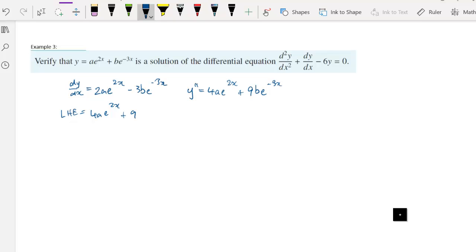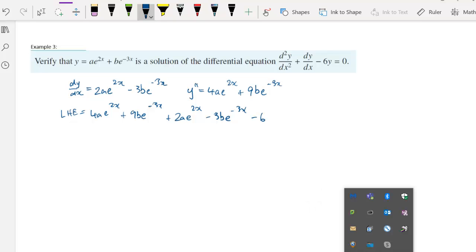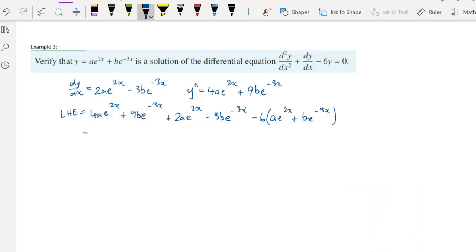Now if we put this all in on our left-hand side, we have 4ae to the 2x plus 9be to the negative 3x, plus 2ae to the 2x, subtract 3be to the negative 3x, subtract 6 lots of the original, which is ae to the 2x plus be to the negative 3x. When we look at the a terms, we've got 4ae to the 2x plus 2ae to the 2x, and we're subtracting 6ae to the 2x.